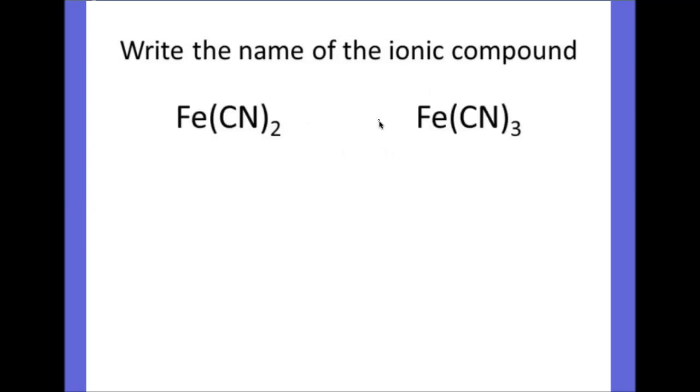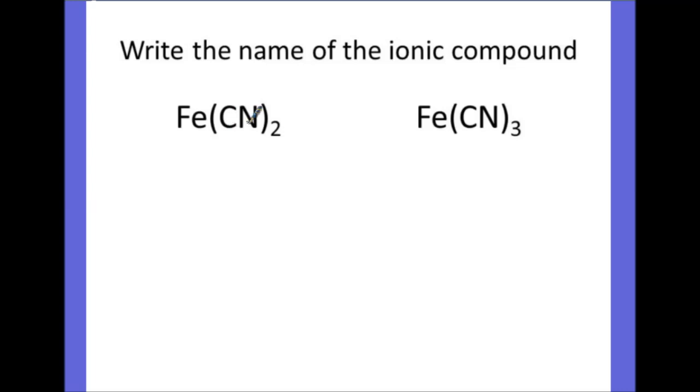Let's take a look at this one. Oh, you got some CN and some Fe. Now there's 2 of them, so that must mean that this ion right here must have more than 1 charge. And in actuality this does. So we take a look at this right here, and you say, well, what is this thing?